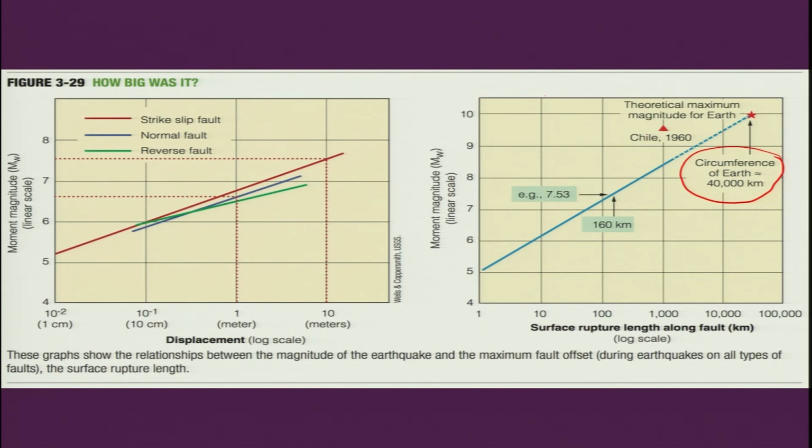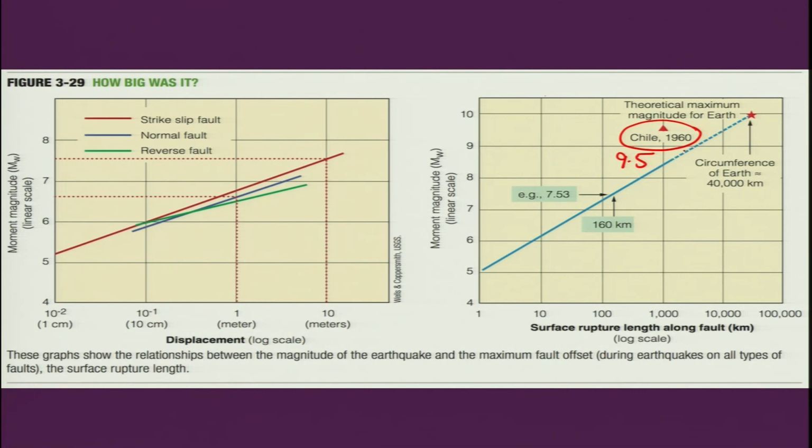And further on the other graph, there is a comparison given between the magnitude and the surface rupture length. So in case of the Chilean earthquake of 1960, the magnitude was 9.5, and the rupture which was experienced was almost 1,000 kilometers in length.